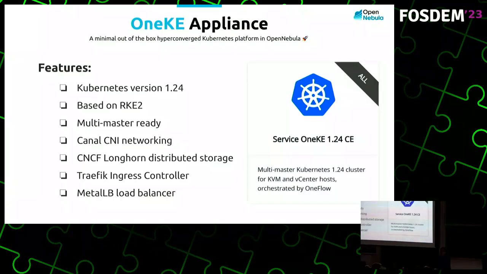So how we have integrated Kubernetes in OpenNebula is we have defined an appliance. It's called OneKE. This is just a complete Kubernetes deployment. It's based on RKE2, and we use version 1.24 of Kubernetes.